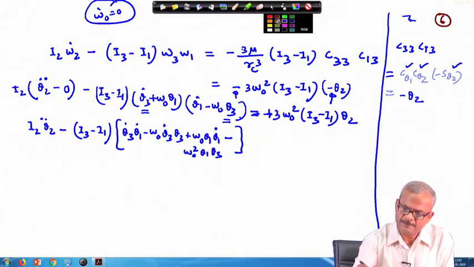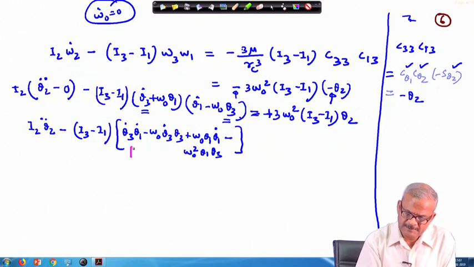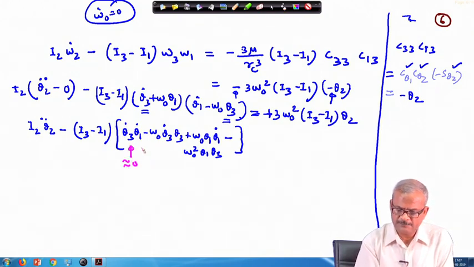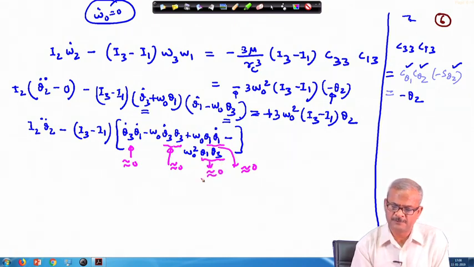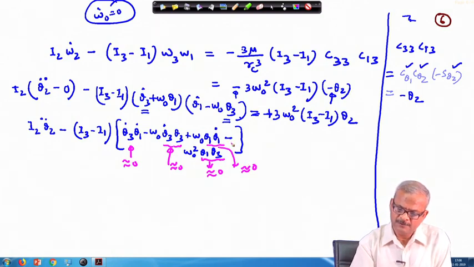What we observe is that this term is 0 being second order, this part is also approximately 0, all these are of second order. So, as a whole this term gets eliminated.